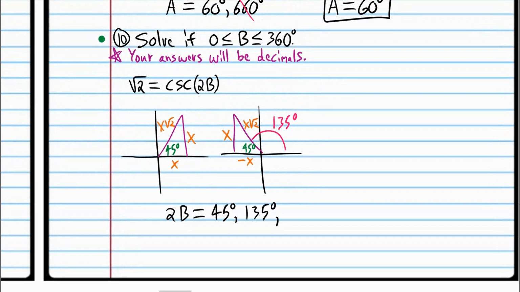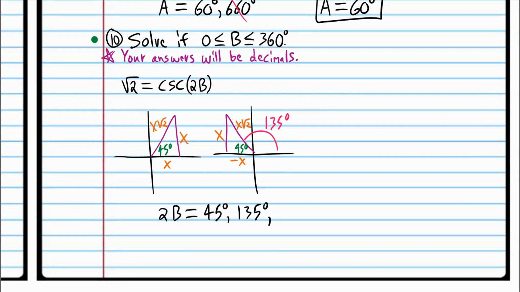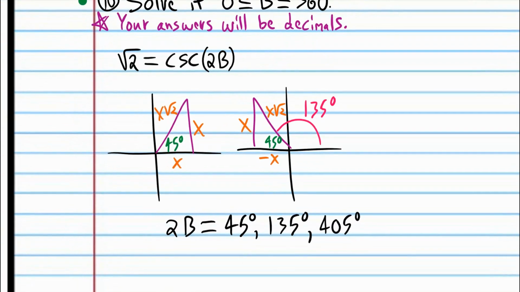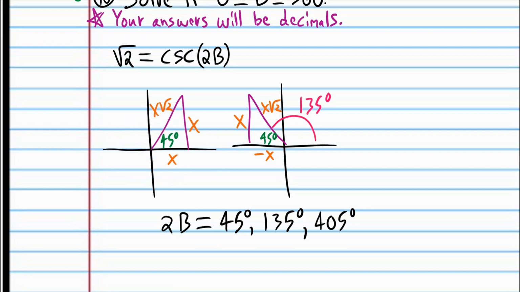But remember, we need to find some coterminal angles, because when you have your angle or your variable multiplied by some whole number, you're going to have more solutions than you may think. So 45 plus 360 is 405. Let's find some more coterminal angles. So we started at 45, we rotated all the way around to get to a coterminal angle, which is 405.